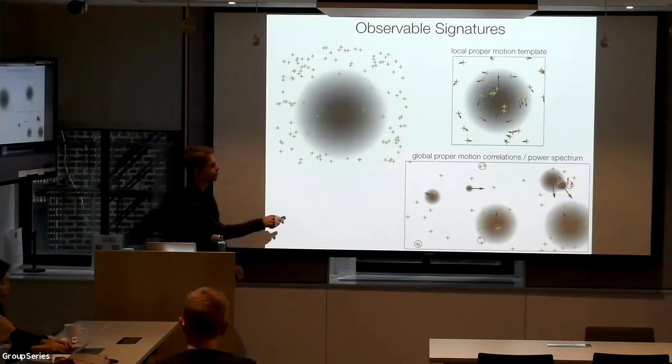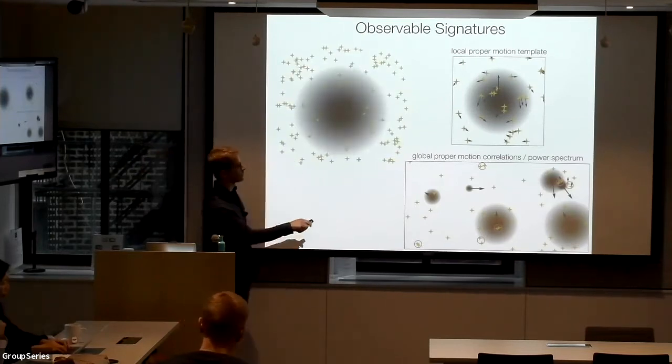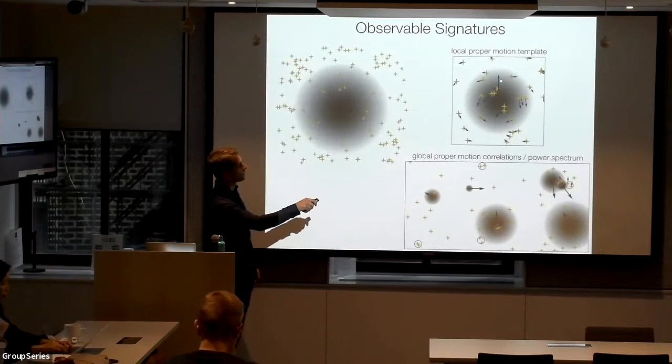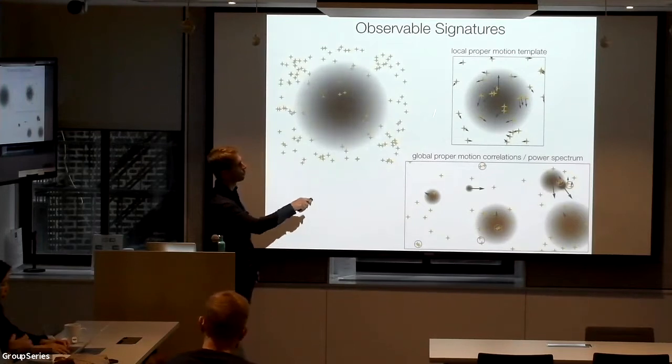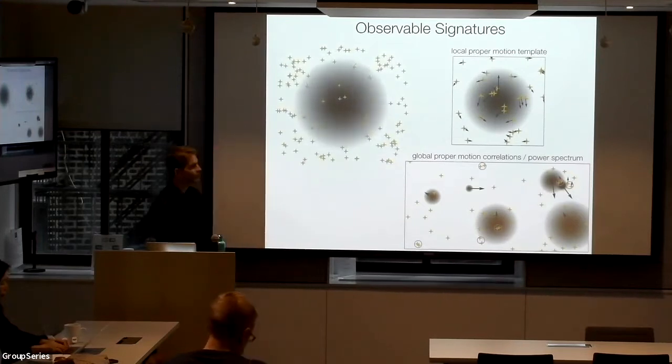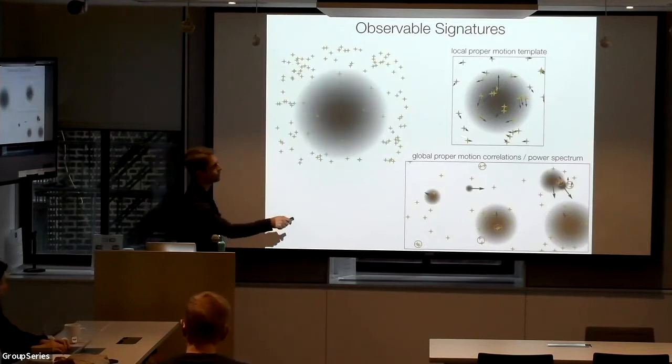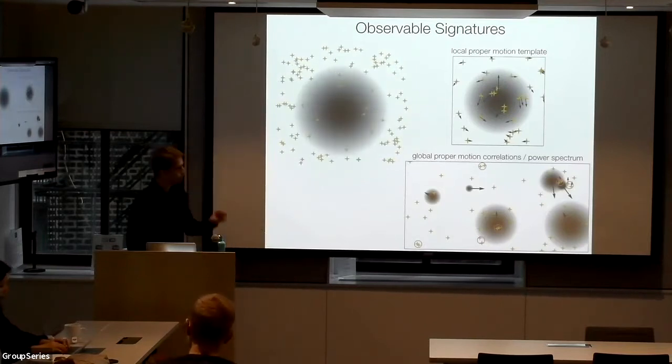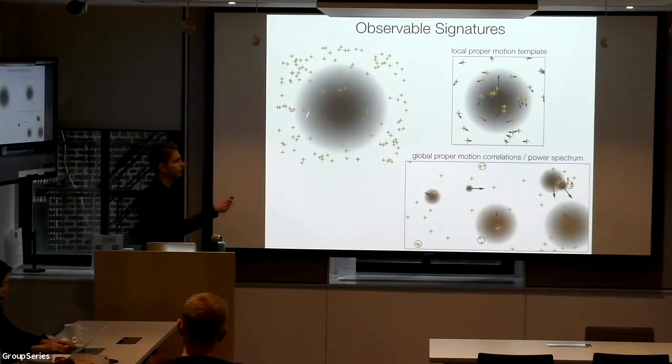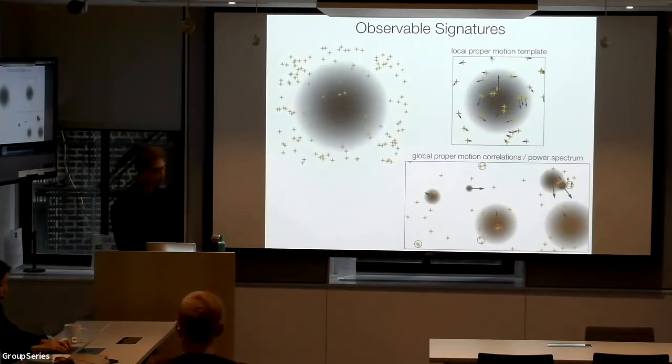And as you'll notice, outside of the lens density profile, you get a dipole velocity pattern, and inside the lens, the velocity pattern is determined by the density profile of the lens.